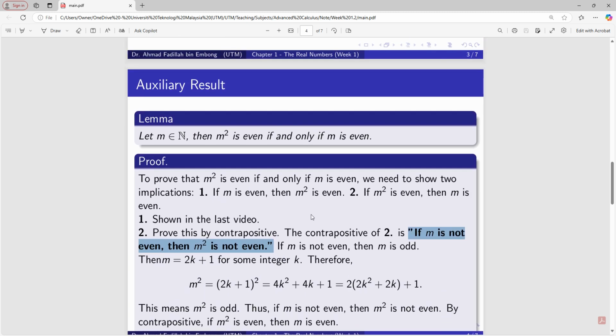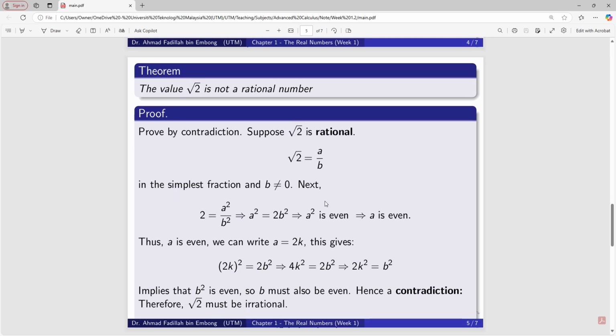Based on the lemma, when m square is even, then m is even. So here I know that a square is even, so automatically, based on that lemma, it is implied that a is also an even number.